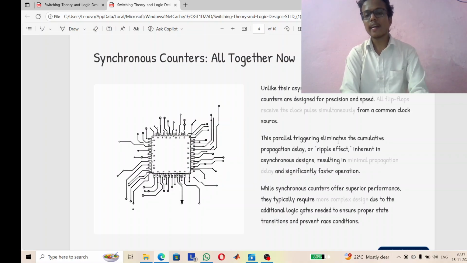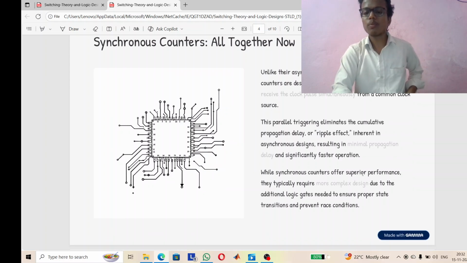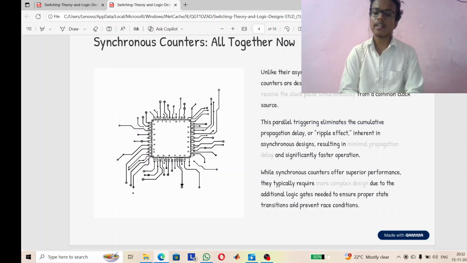This parallel triggering eliminates the cumulative propagation delay, the ripple factor inherent in asynchronous designs, resulting in minimal propagation delay and significantly faster operation. While synchronous counters offer superior performance, they typically require more complex design due to the additional logic gates needed to ensure proper state transition and prevent race conditions.